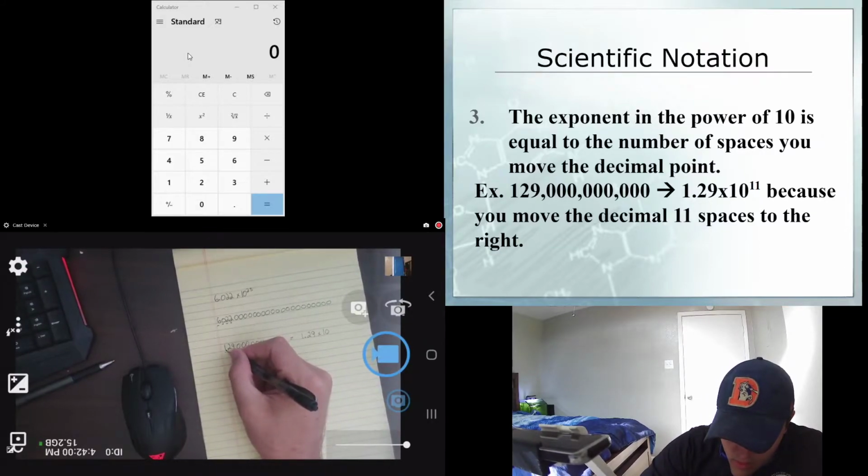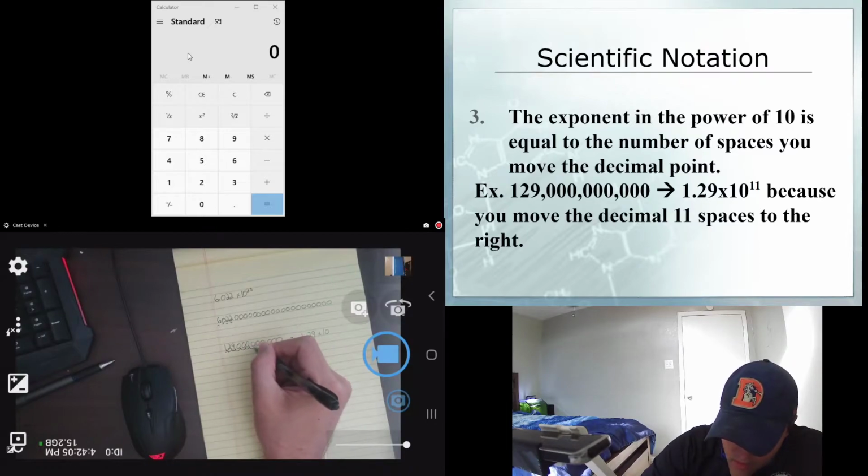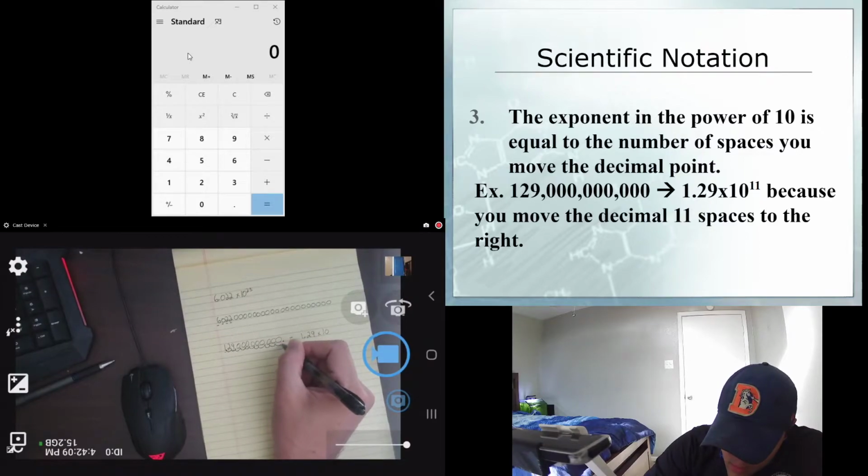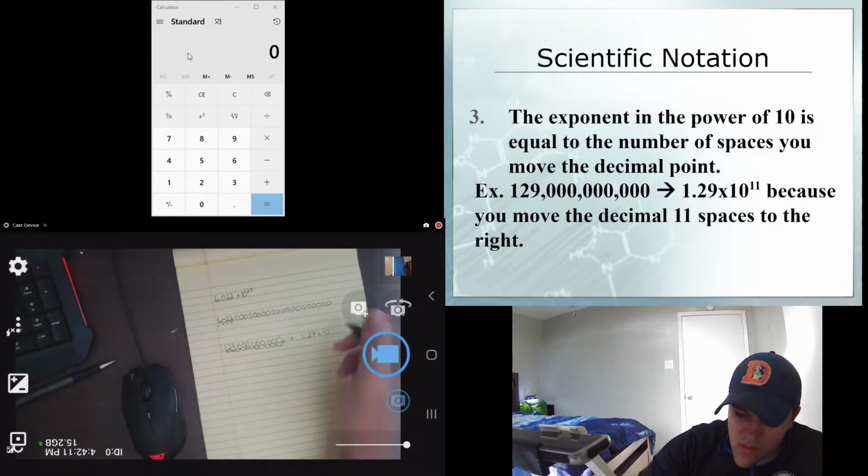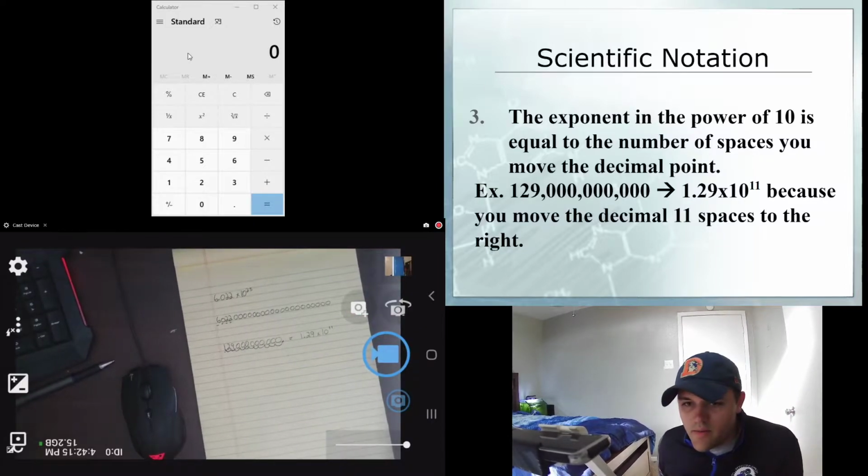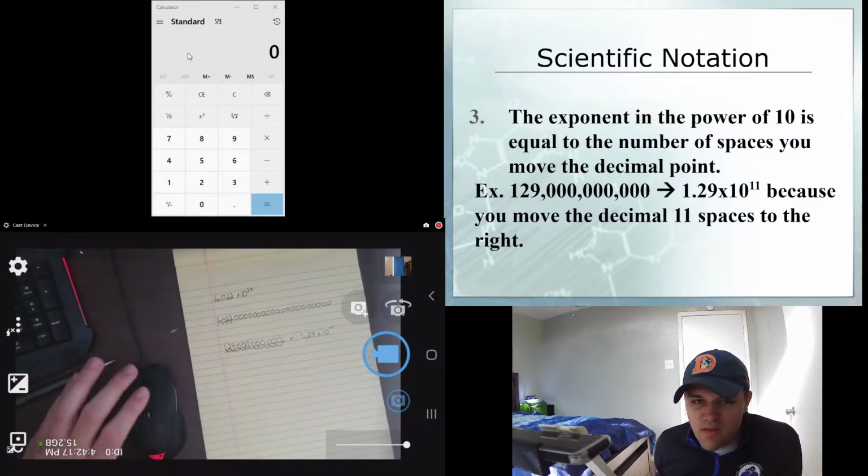If we start here and go 1, 2, 3, 4, 5, 6, 7, 8, 9, 10, 11, we're back to the original spot, and we know that it is to the 11th power. That'll make more sense when you see a couple more examples.